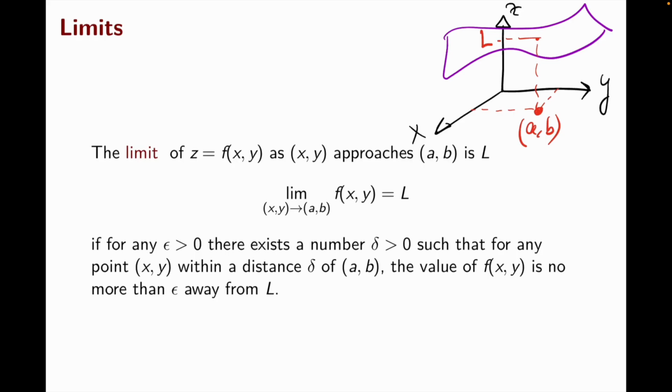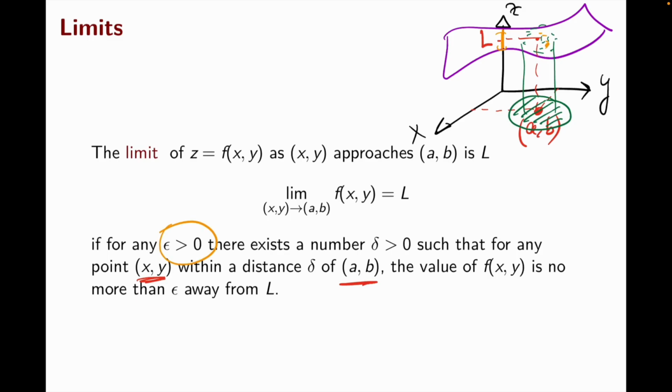if we take any point (x, y) close to (a, b), which means a ball around (a, b), if we take any point in this neighborhood and look at the images of these points, what has to happen is that these points really end up in a neighborhood of L of distance no more than epsilon.